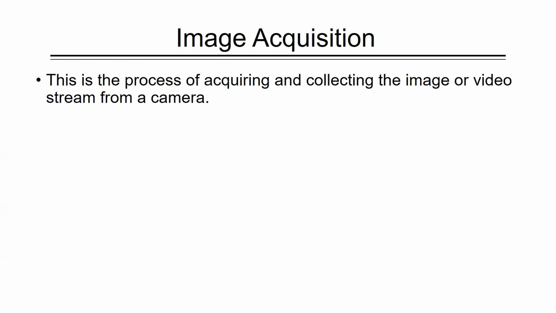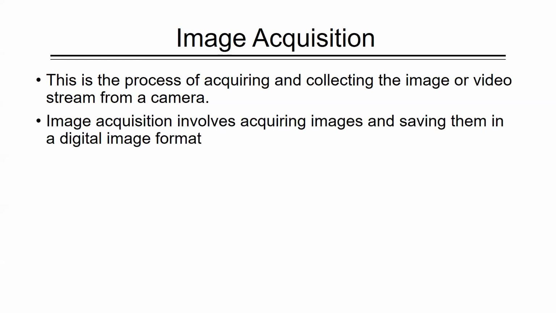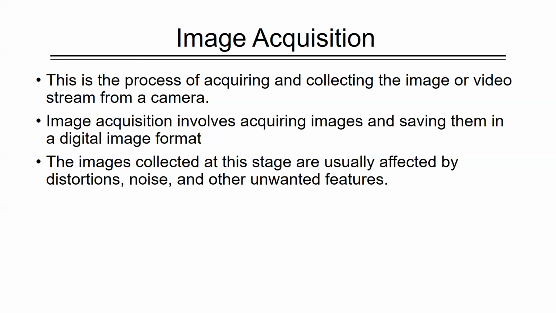Now, in image acquisition, you need to acquire these image frames from the video so that you can process them further. This is usually done with a camera, but sometimes you might need to acquire the images, save them on a computer in a digital format, and later on when you want to process the images, you upload them into the computer vision application that you're working with.